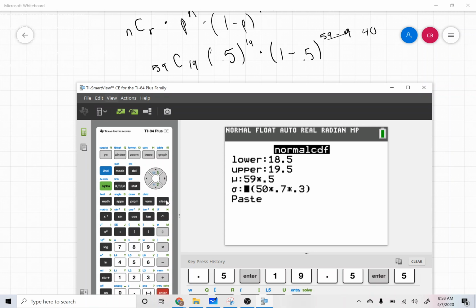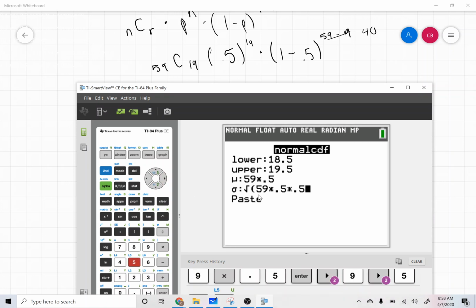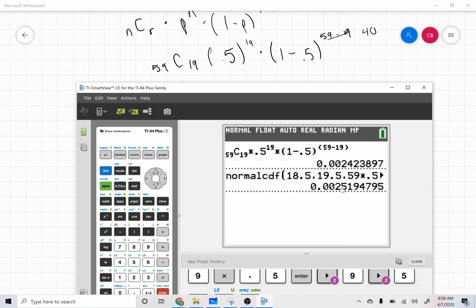And then we want the square root of 59 times 0.5 times 0.5. This is n times p times q. The square root of n times p times q is the standard deviation. We enter. We get 0.0025.